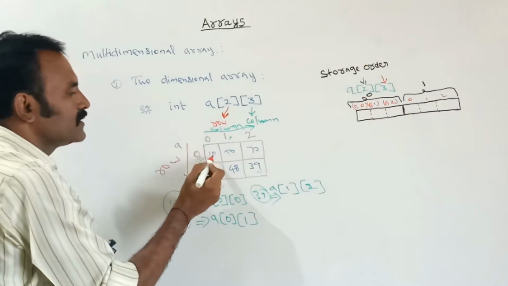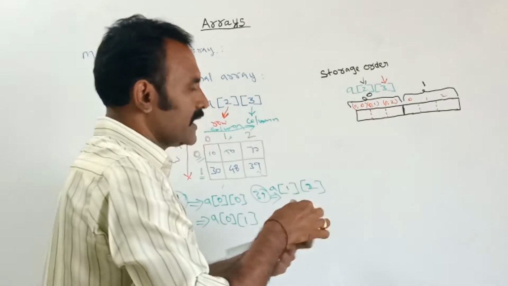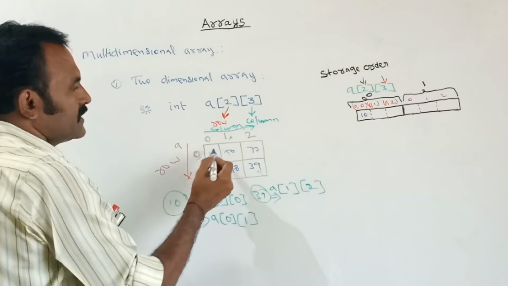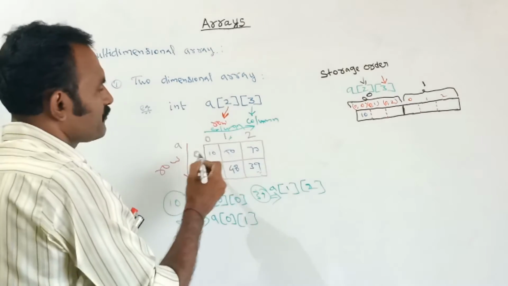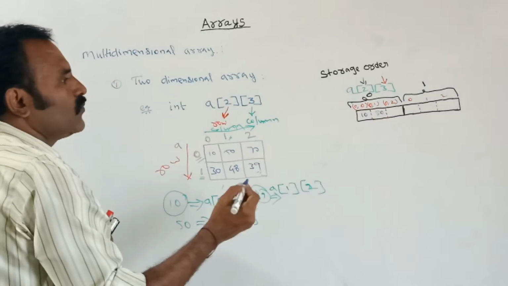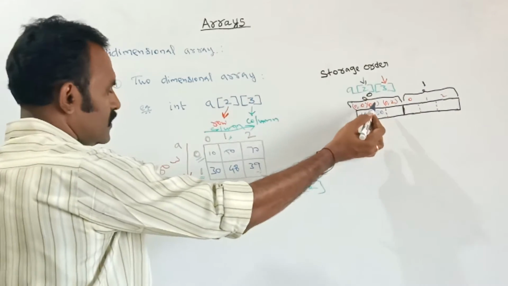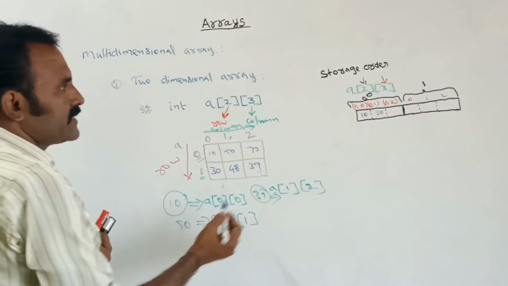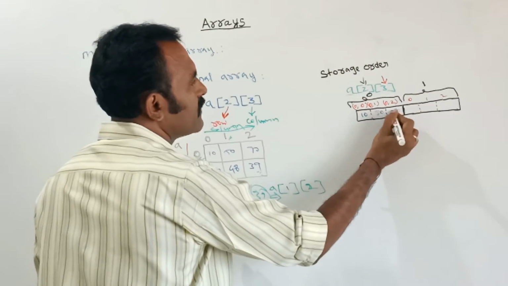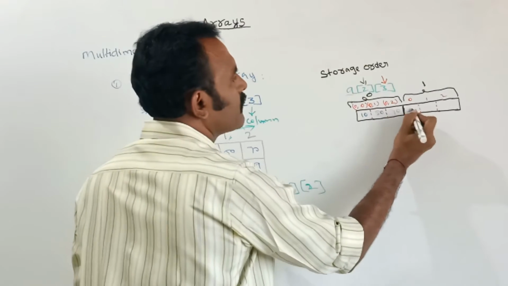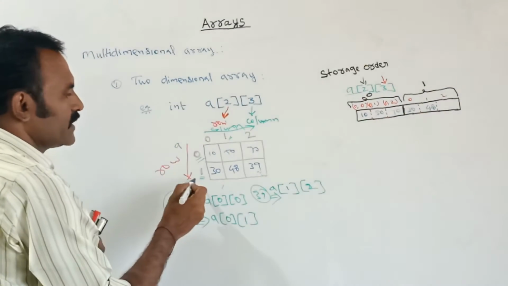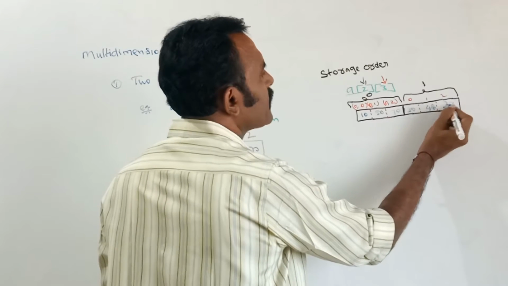So at 0th, 0 the element 10 is located or stored. Next, in the same way, 50 is stored at the position 0, 1. In the same way, 70 is stored here. In a similar way 30, 48, and at last 39 is stored here.